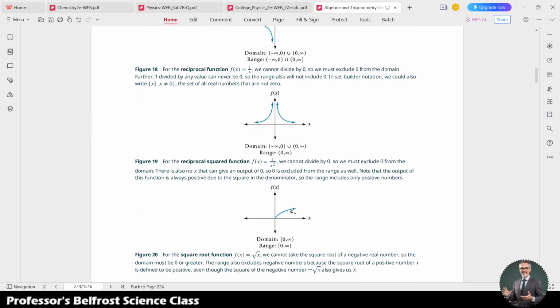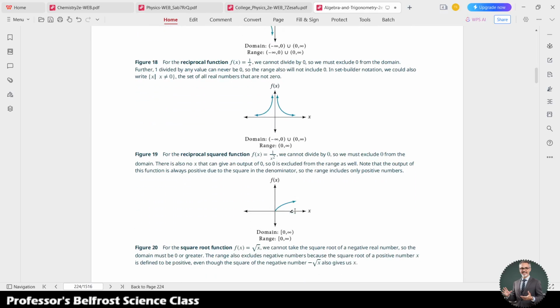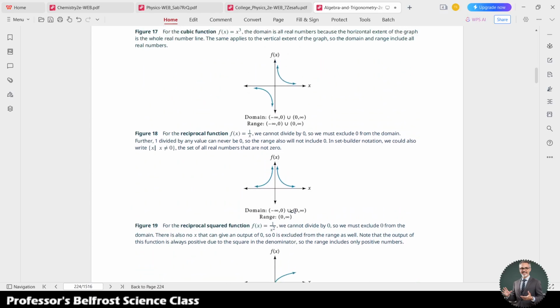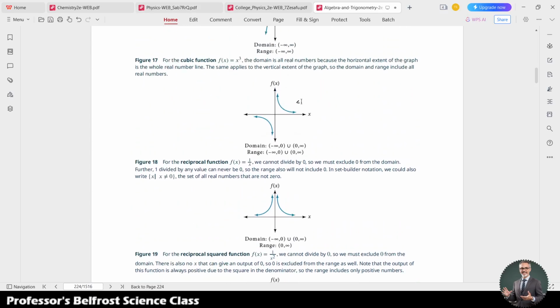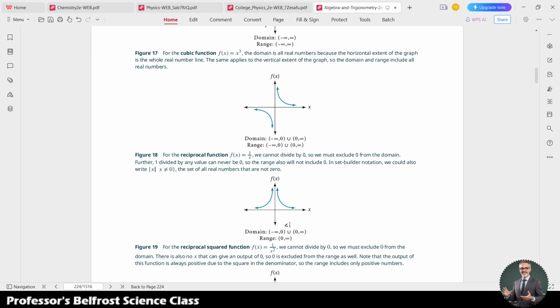Now let's go. How about the reciprocal? I'm sorry, this is the reciprocal square function. For the reciprocal function, the domain remains the same, because once again, it is an odd function.